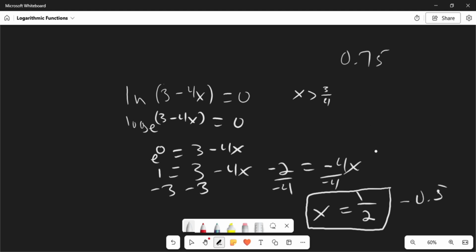So clearly this is an extraneous solution, because 0.5 is not greater than 0.75. 0.75 is actually greater than it. So the x that we just found is less than this. So that means that this is an extraneous solution.